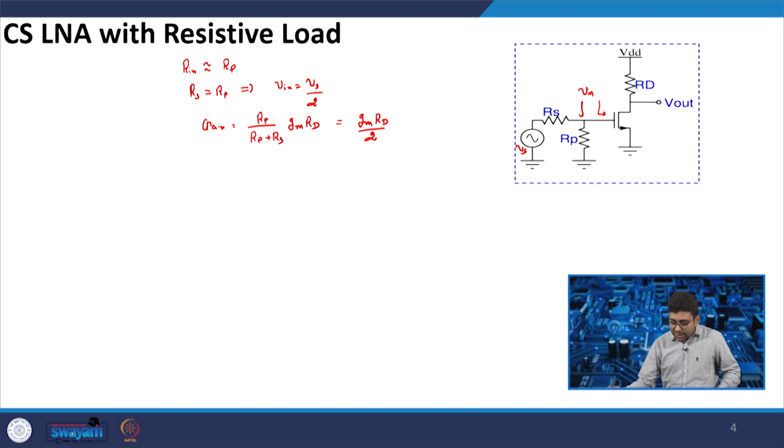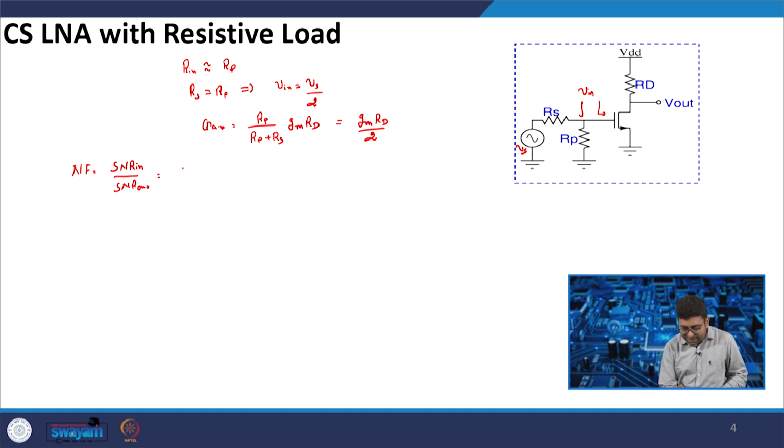Now, the noise figure equation we already know. As discussed, the noise figure is nothing but SNR in by SNR out.